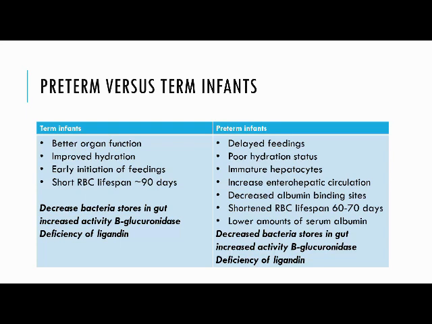And then they have a deficiency of ligandin, which is the predominant conjugating protein in the liver. So both populations struggle with those two things.